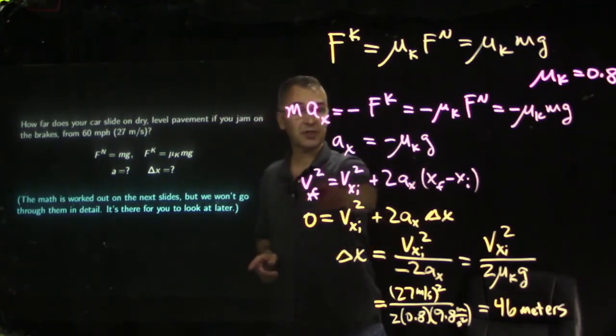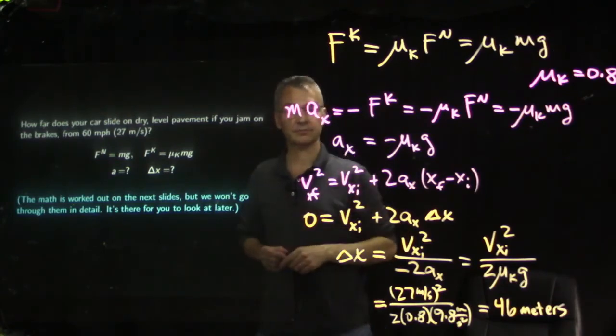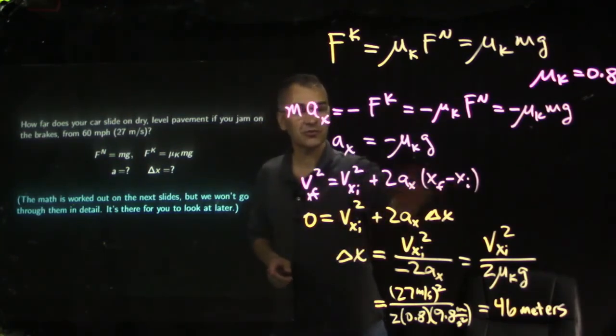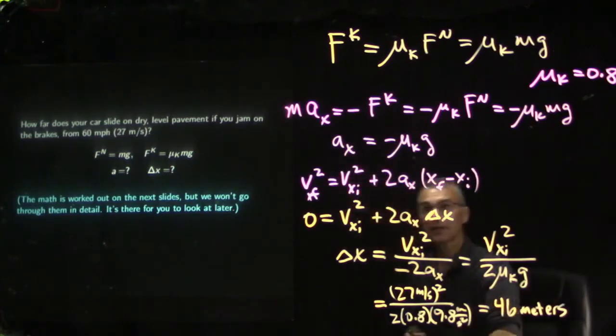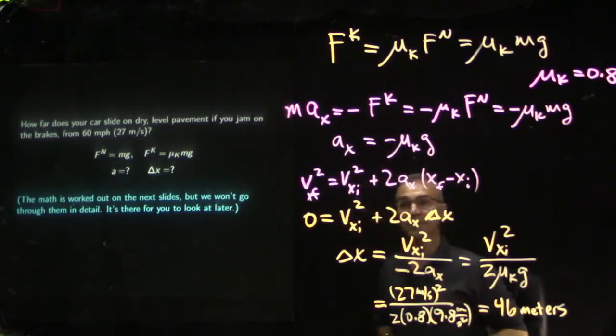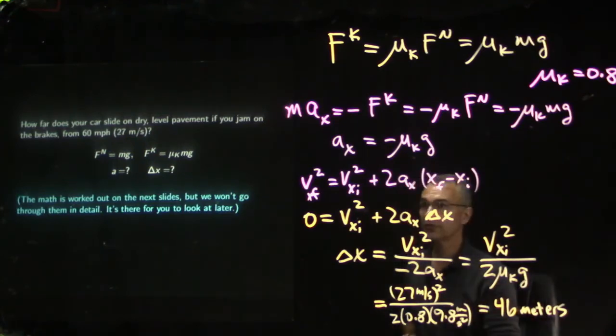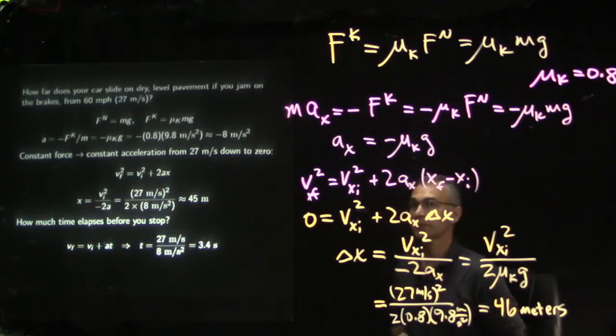Then we can use our favorite equation, vx final squared equals vx initial squared plus 2 a x, and say the final speed is 0. That gives us a stopping distance of 46 meters, which is what I got when I worked it out earlier.